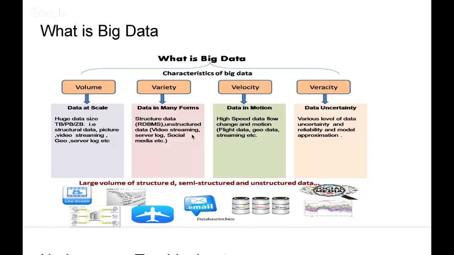For that reason, a new concept came into the market called NoSQL, which means not only SQL, because SQL is a traditional database built for transactional, structured data, not for unstructured data. A couple of NoSQL databases are MongoDB and Cassandra. We'll not go into this topic much because it is not part of the session.